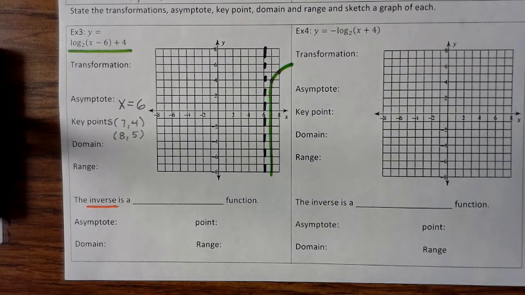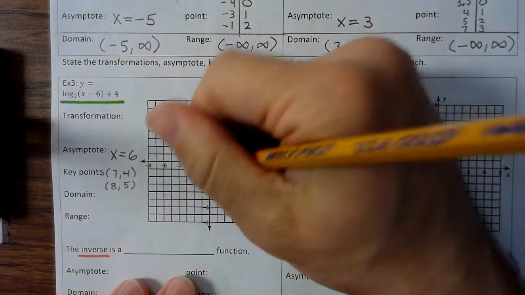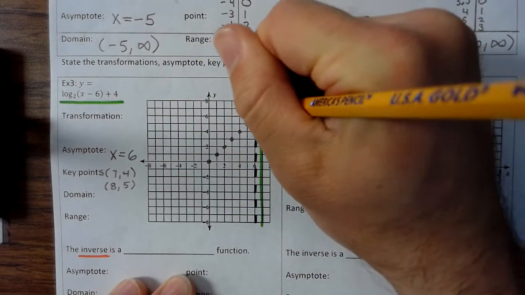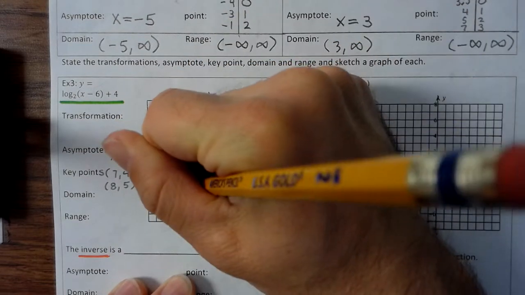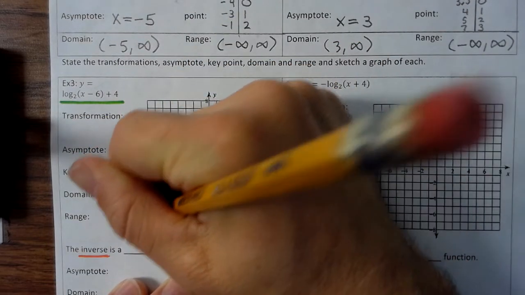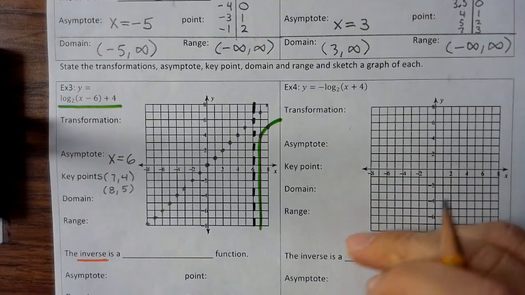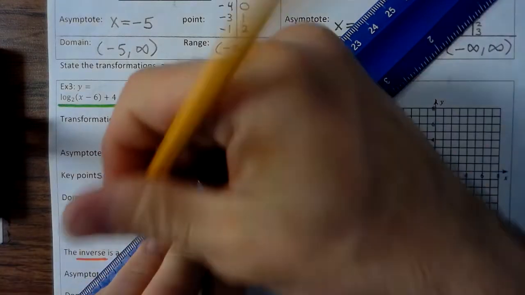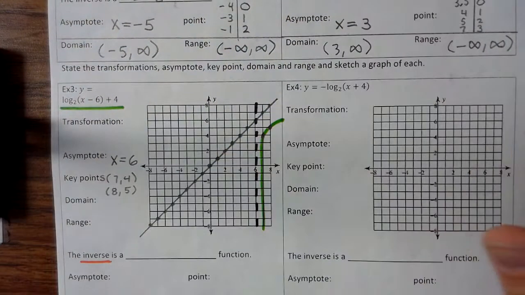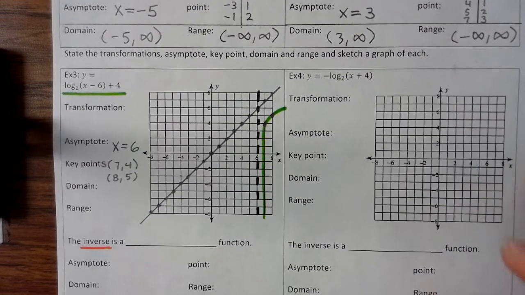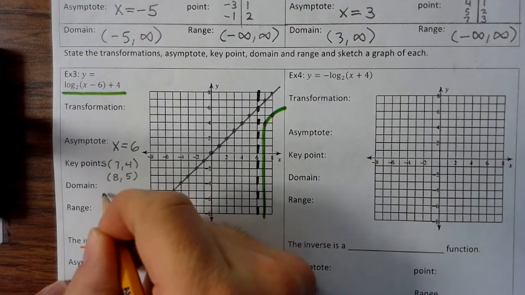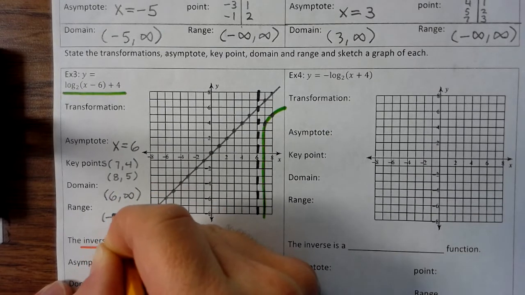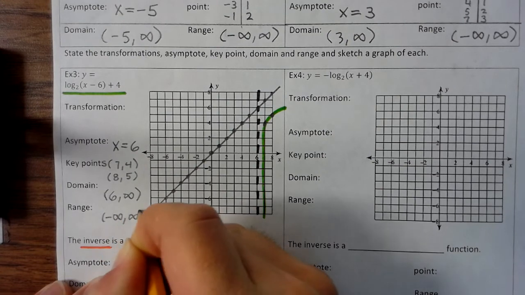Now, remember when we're doing inverses, we want to graph the y equals x line. Okay, now domain for log is 6 to infinity, and range is negative infinity to positive infinity.